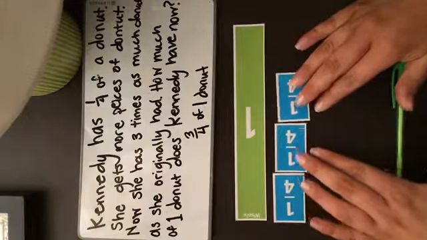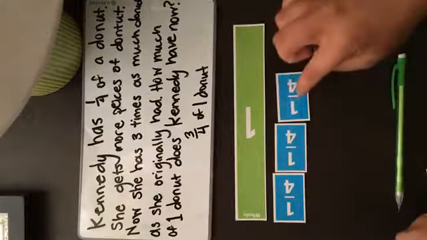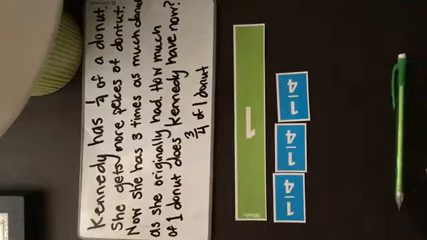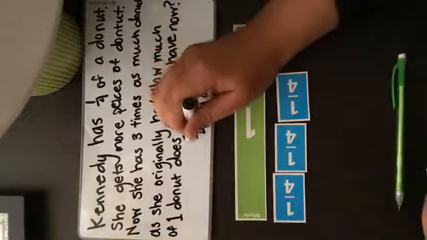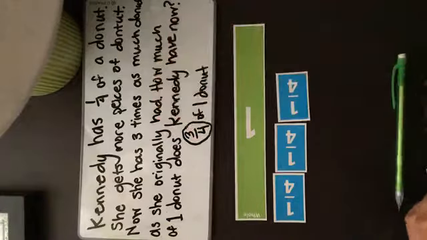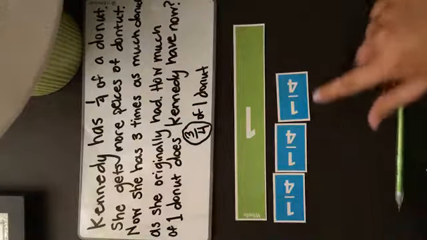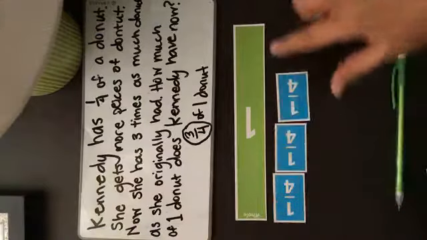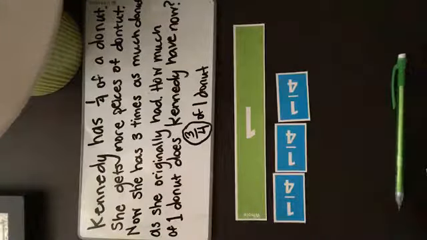And if I add these together, 1/4 plus 1/4 plus 1/4, I know that that's 3/4. So again, I know that the answer to this problem is 3/4 the length of one whole donut.